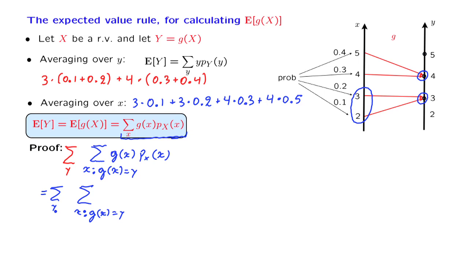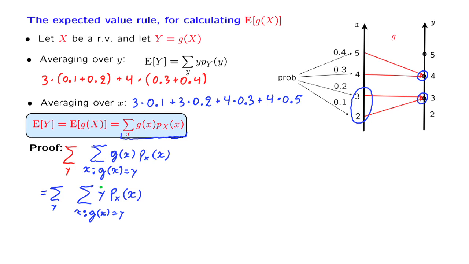Having fixed y, all the terms inside this sum have the property that g of x is equal to y. So g of x is equal to that particular y, and we can make this substitution here. Now, when we look at this summation, we realize that it's a summation over x's while y is being fixed.